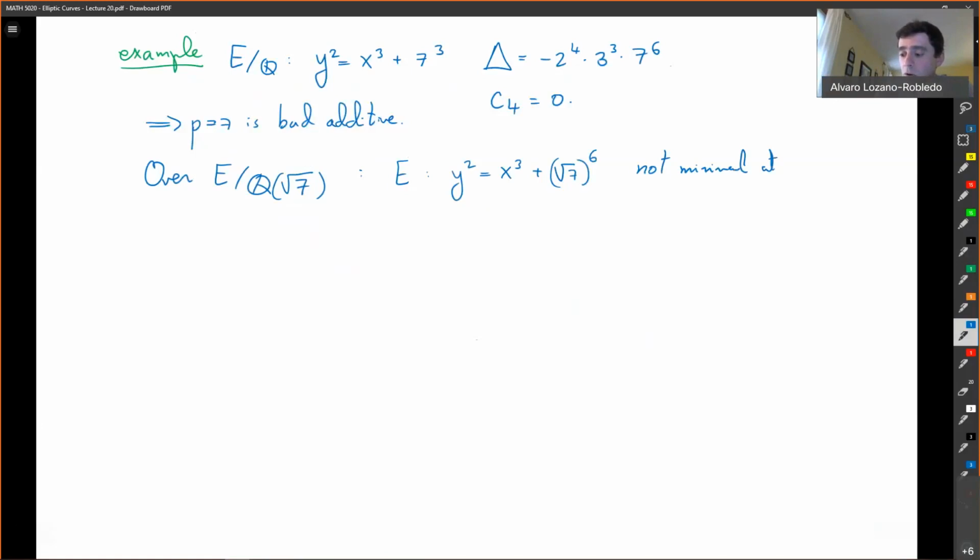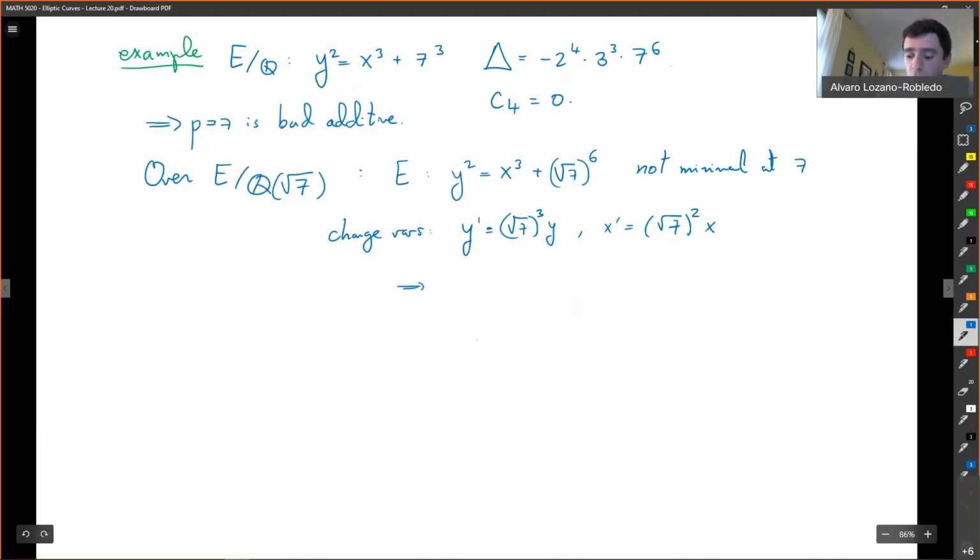At 7, not minimal at 7, or over the square root of 7, really. And we can do a change of variables by y prime is the square root of 7 cubed y, and x prime is the square root of 7 squared x. And that brings me to a new model, since this change of variables is rational over this quadratic extension of Q. It brings me to a new model of this form, now over the square root of 7.